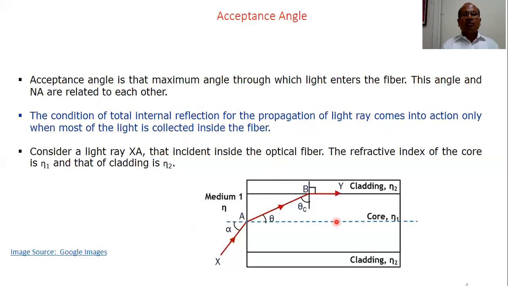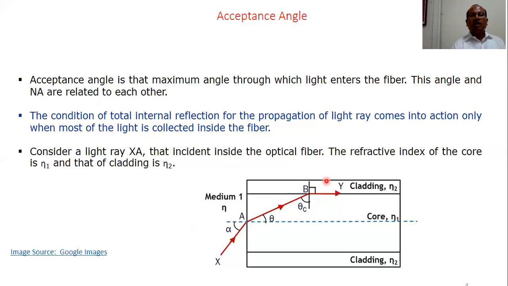How will it propagate inside the fiber? It will propagate when total internal reflection occurs at point B. When will it occur? It has to meet two conditions. One, the critical angle must be less than the angle of incidence, and it must pass from a higher refractive index material to a lower refractive index material.